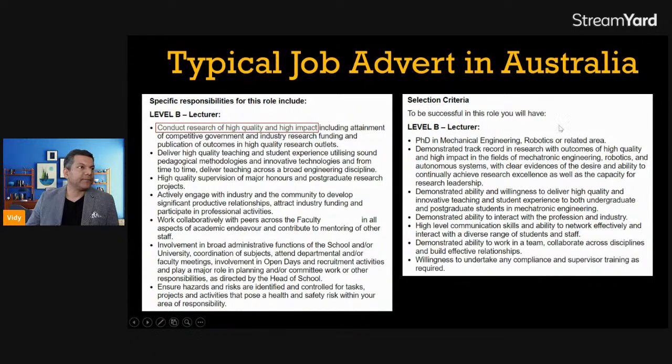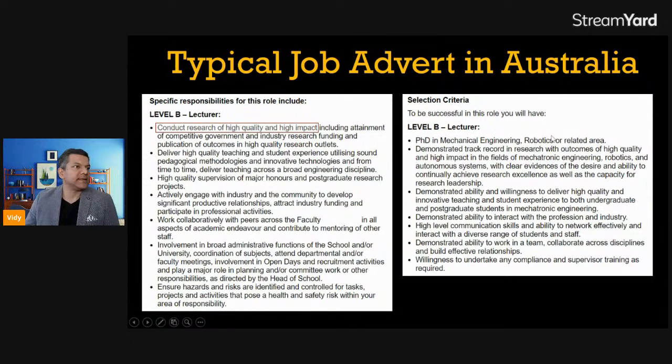So have a look at that. This is the selection criteria for the lecturer level, and this is a real ad which I just found today. I have just removed the name of the university from that. But this is what is required if you want to get a position in academia.